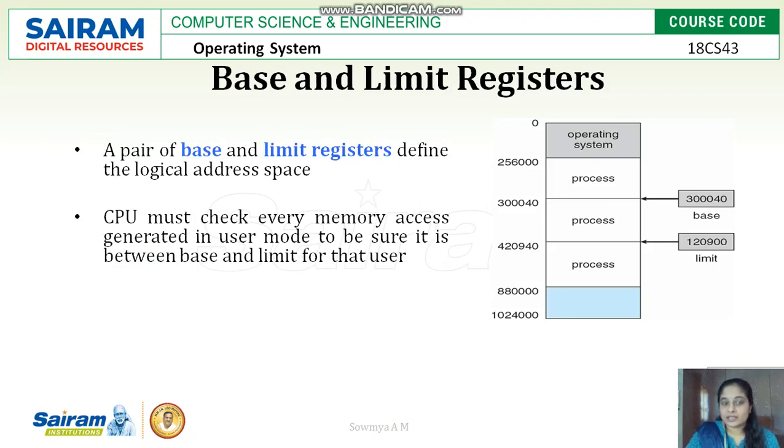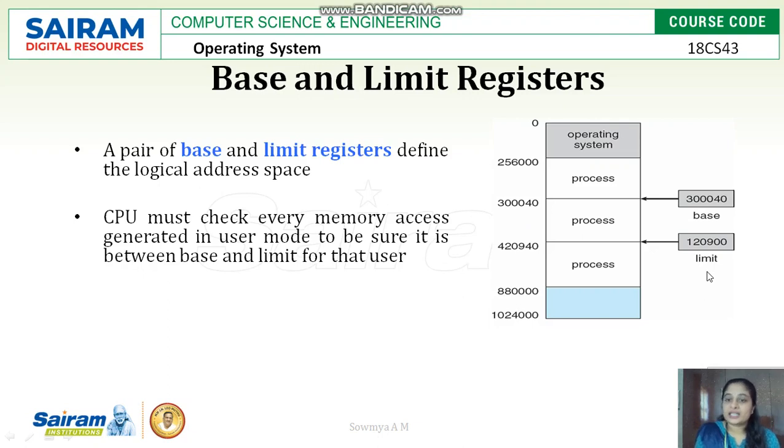The base register always has the first address, and the limit register will have the range of the process. If you consider the data of the process is stored starting at 300040, then the first address of that block is called the base register, and the limit is the subtraction value, like the last address minus the base value.